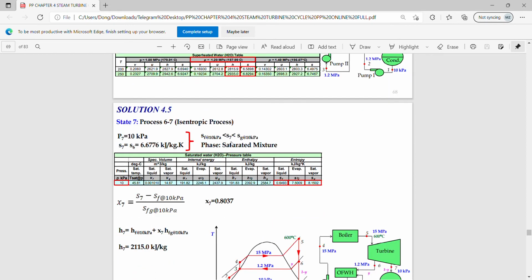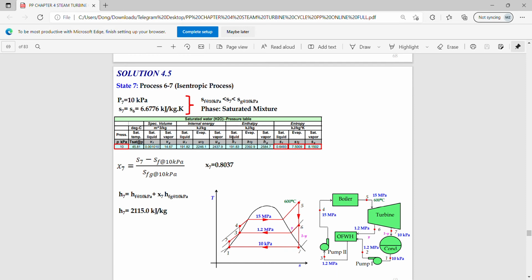Next, we move to state 7. State 7, P7 equal to 10 kilopascal, S7 equal to S6 equal to 6.6776. S7 is in between SF at 10 kilopascal and SG at 10 kilopascal. From this, we get the phase is saturated mixture.